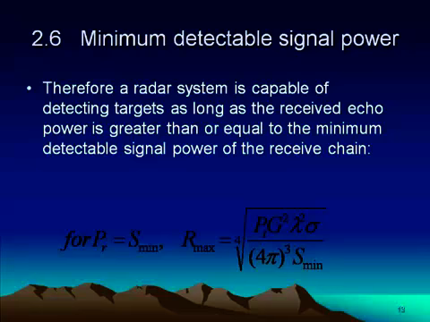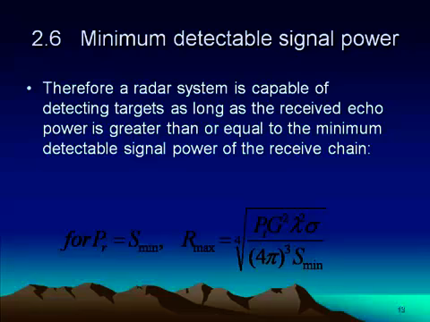If the minimum detectable signal is very low, it means that the radar can detect targets which are very far off. If the minimum detectable signal is quite high, obviously only very short distance targets can be detected.